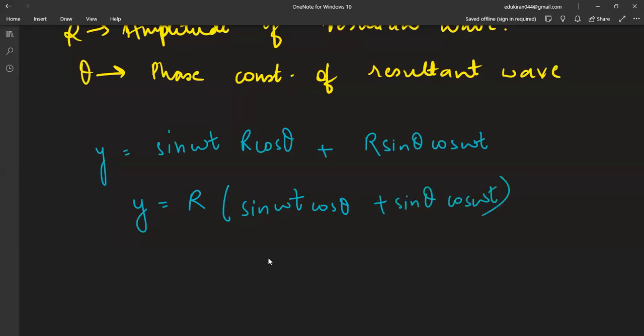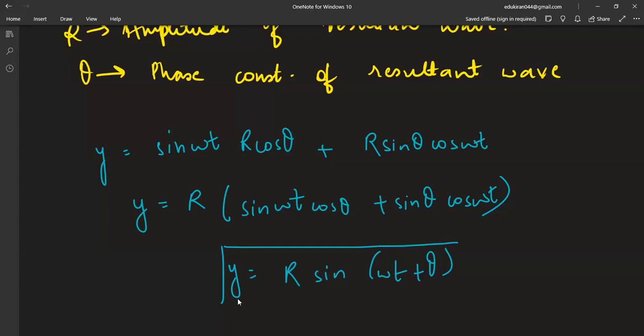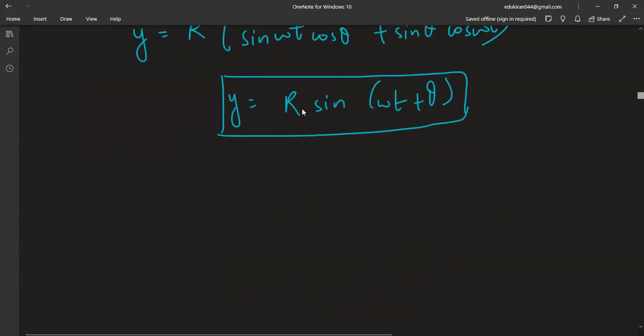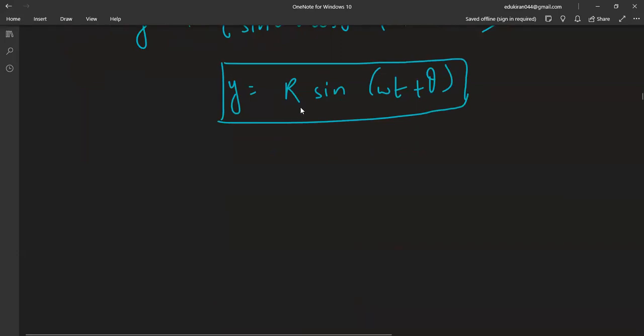Again, the same identity will be used. y is equal to R sine (omega t plus theta). This is the resultant of amplitude. y1 will have its own amplitude, y2 will have its own amplitude. This is the resultant of the amplitude.